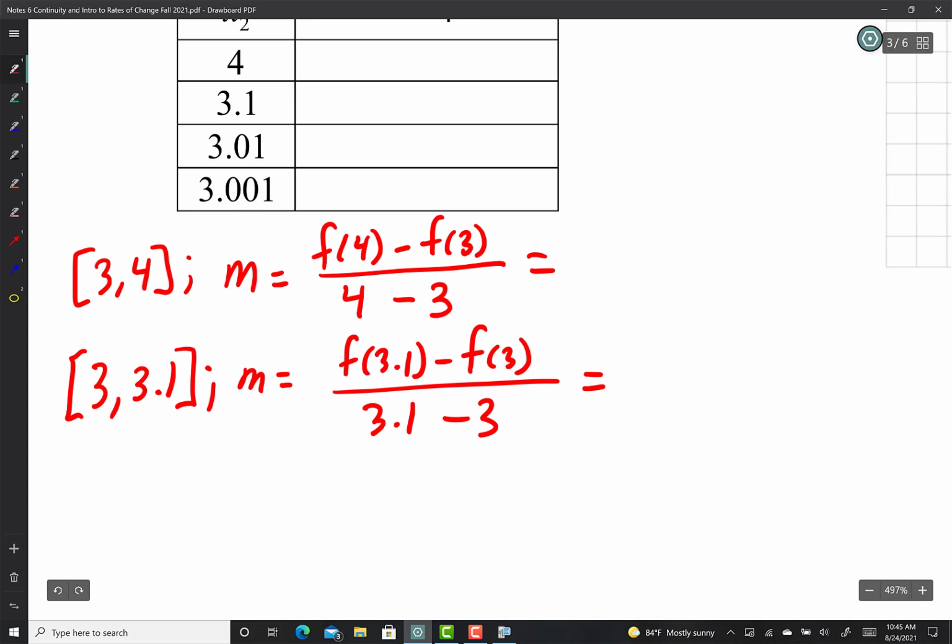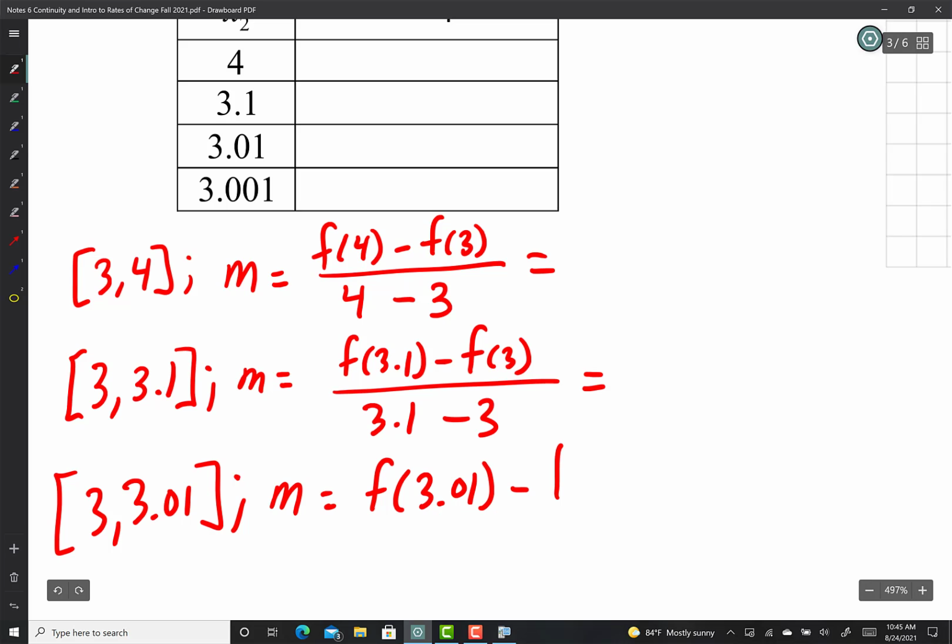And then I'm going to go 3 to 3.01, semicolon, slope, f of 3.01 minus f of 3 over 3.01 minus 3. That's going to give me some number.